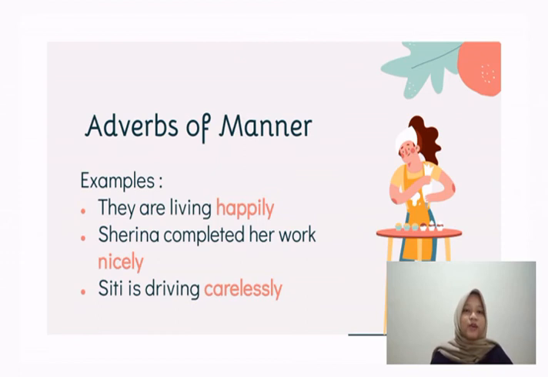The words are like angrily, happily, easily, sadly, rudely, loudly, fluently, greedily, and the others. The example of this adverb is the first one, they are living happily. And of course, the adverb of manner here is happily.